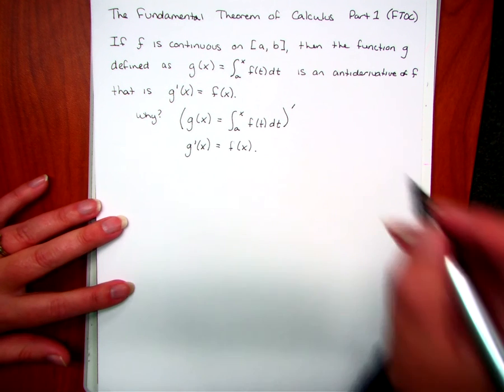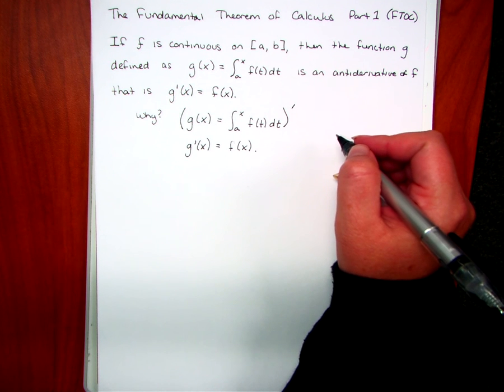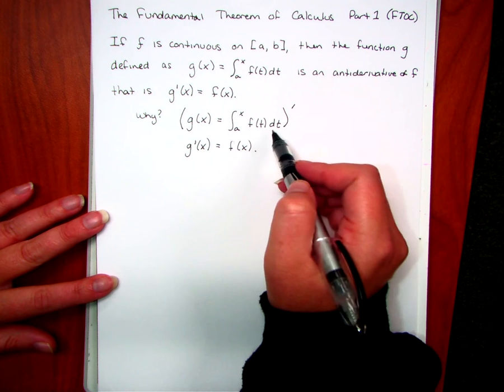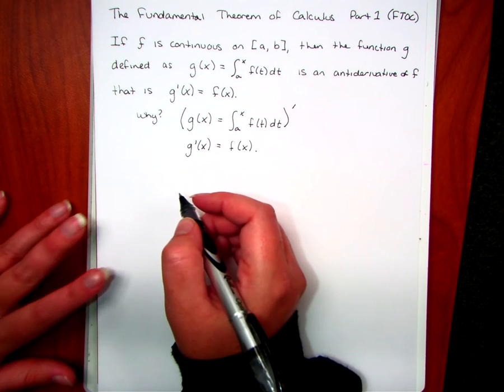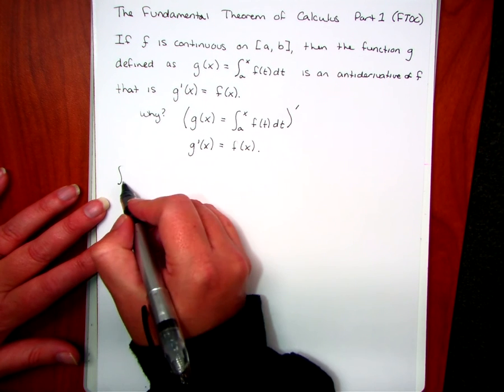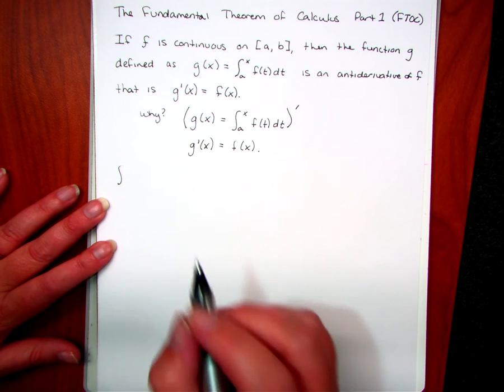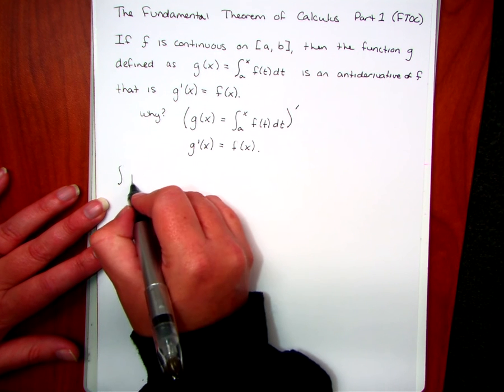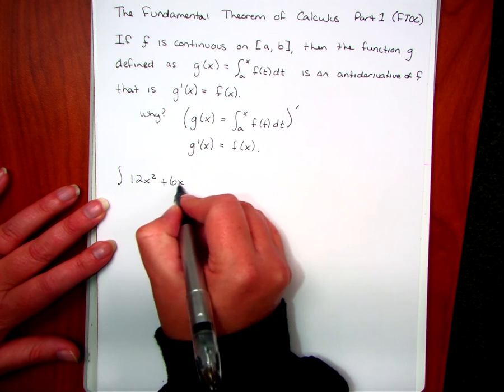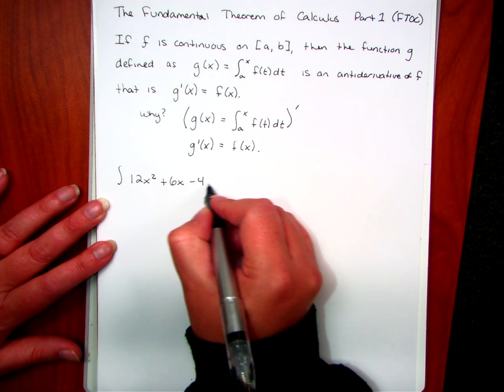This is called an indefinite integral. Usually we don't have the a to the x and the f of t here. If we just have an integral symbol without any variables here, we would just say, what's the integral of 12x squared plus 6x minus 4?